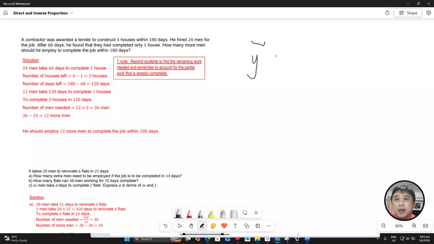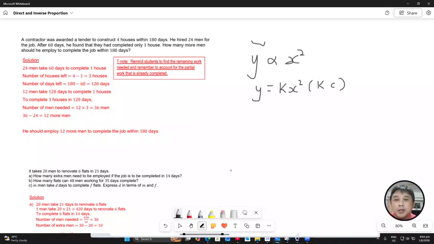Y is directly proportional to x squared, let's say. We can only connect them with an equation provided that there is a k, whereby k is a constant, of course, and then we can put it here.